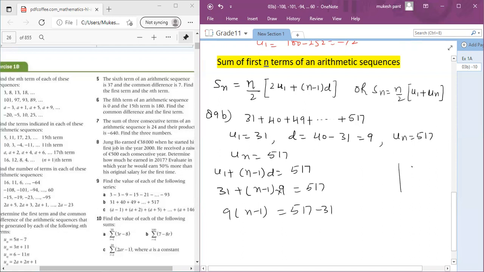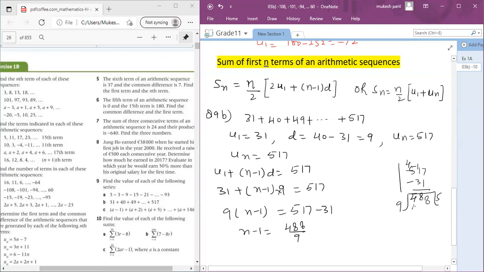So let's look at 517 and 31. 7 minus 1 is 6, and the result is 486. So n minus 1 will be equal to 486 over 9. Let's divide this by 9.